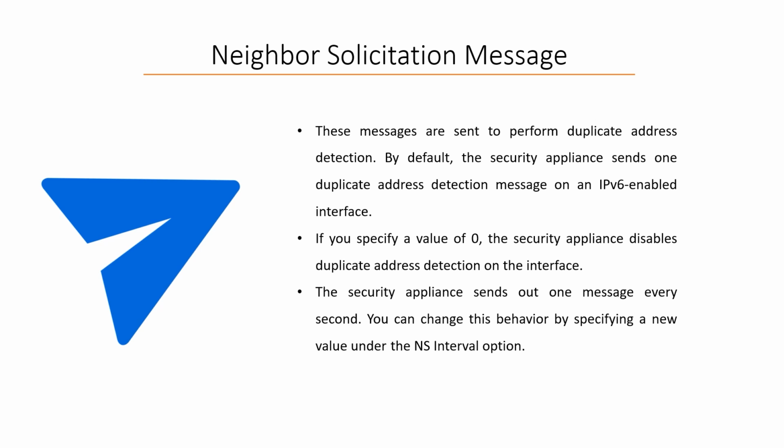If you specify a value of 0, the security appliance disables duplicate address detection on the interface. If you configure an interface to send out more than one duplicate address detection message, you can also specify the interval at which the neighbor solicitation messages are sent out. The security appliance sends out one message every second. You can change this behavior by specifying a new value under the NS interval option.